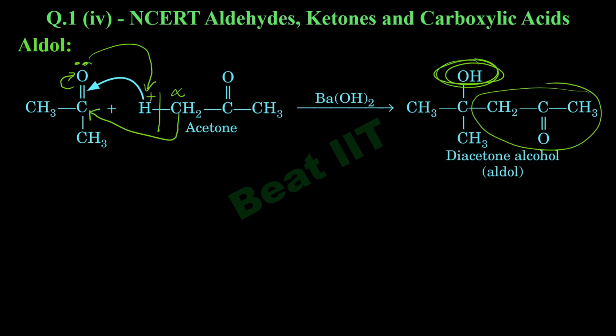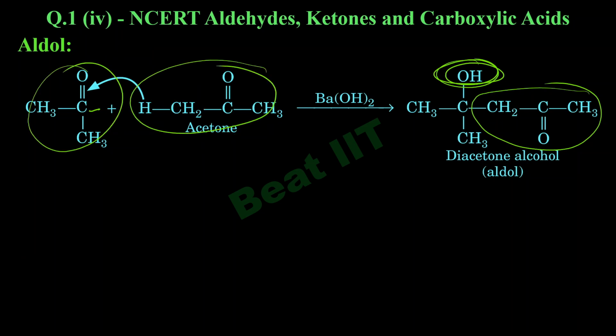And we get aldol again. This is diacetone alcohol. It is named like that because it has been obtained from 2 molecules of acetone. If you see here, these 2 molecules are of acetone. So that's why the name diacetone alcohol, which is a type of aldol.